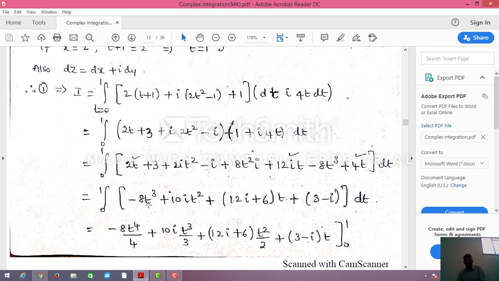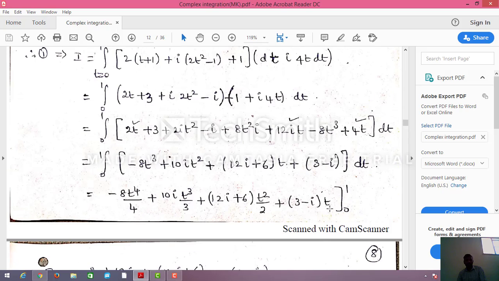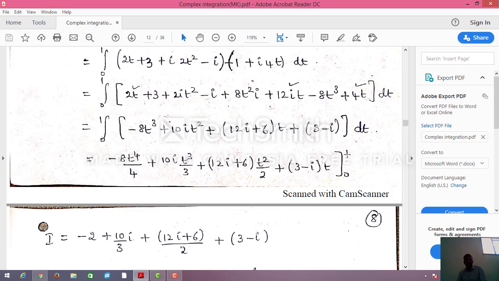Now integration of t cube should be t power 4 divided by 4, minus 8 into t power 4 by 4. The integration of t square is t cube by 3, the integration of t is t square by 2, and the integration of 3 minus i dt is 3 minus i into t. If you apply limits, first the upper limit: 4 ones are 4, 4 twos are minus 2, then plus 10 by 3 i.